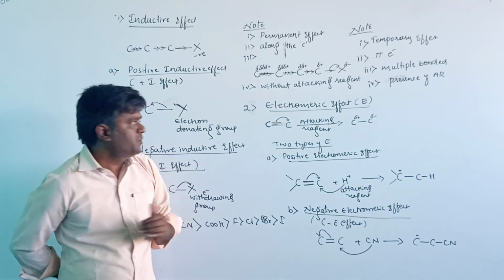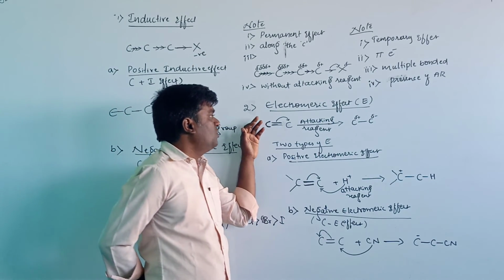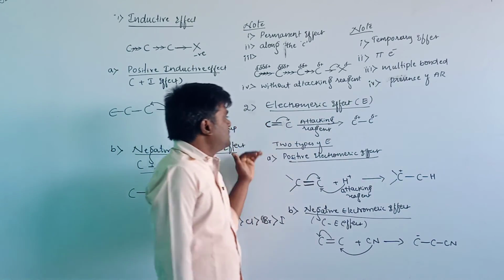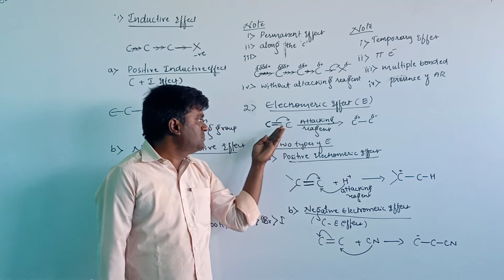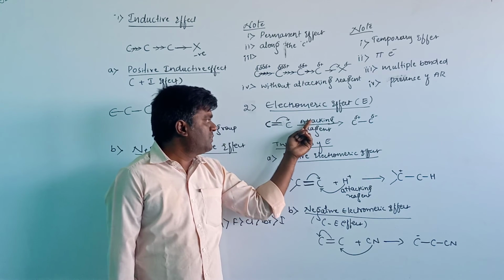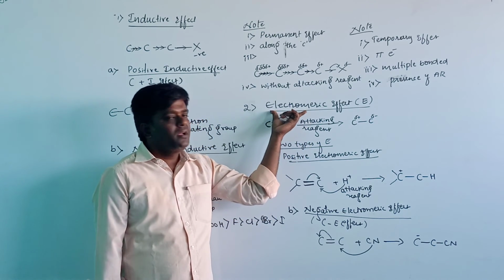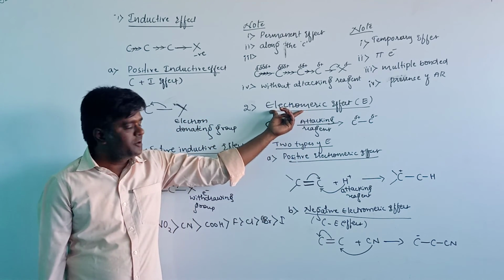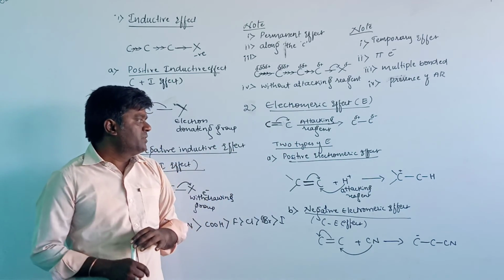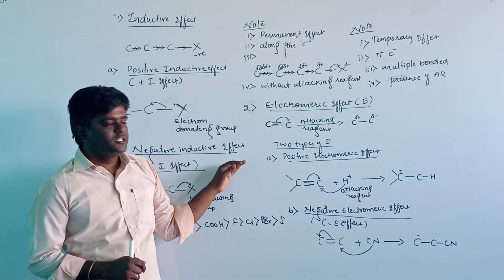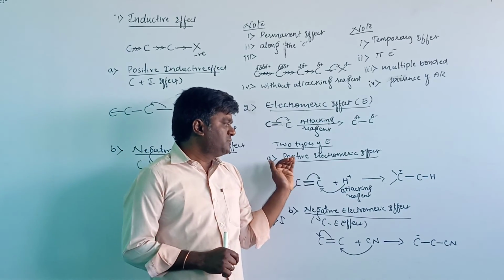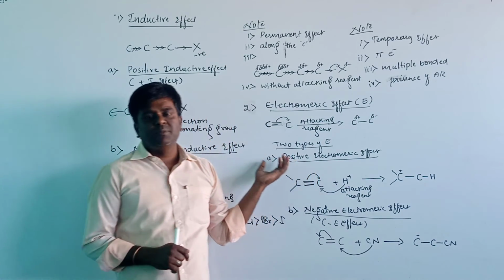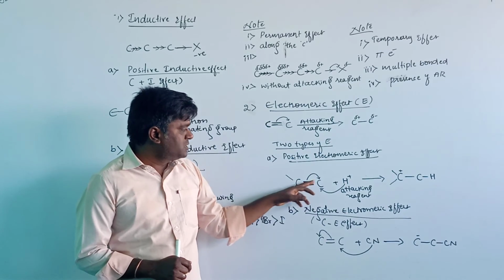The second one is the electromeric effect. The polarity produced due to the displacement of electrons in the presence of an attacking reagent is known as the electromeric effect. Again, the electromeric effects are divided into two types, positive and negative. In the positive effect, the displacement of electrons takes place towards the attacking reagent.